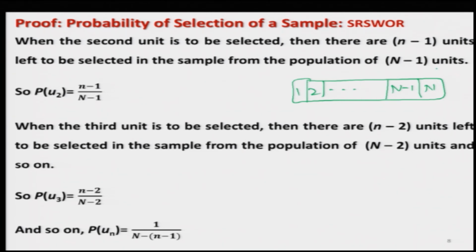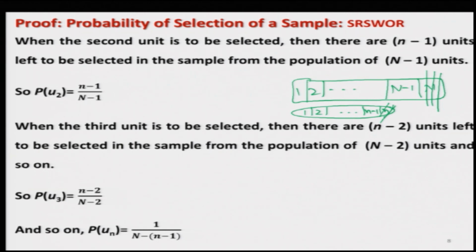So now the total population size remaining is capital N minus 1, and from the sample size also I wanted to select unit 1, 2 up to n. So, 1 unit I already have selected. So, now I have to select small n minus 1 units out of capital N minus 1 units.